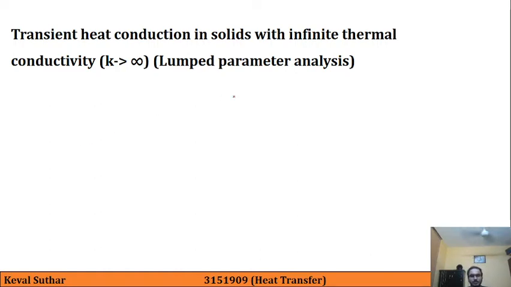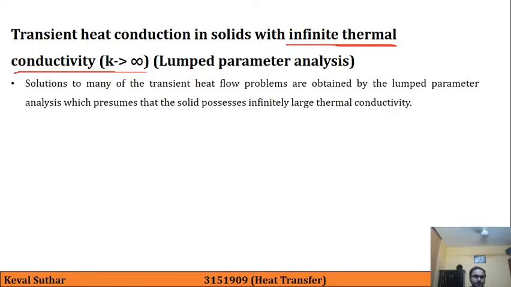Now here, if you see this title, we have considered infinite thermal conductivity, that is, K tends to infinity. Solutions to many of the transient heat flow problems are obtained by lump parameter analysis, which presumes that the solid possesses infinitely large thermal conductivity. Okay, so this will be our primary assumption in this analysis.